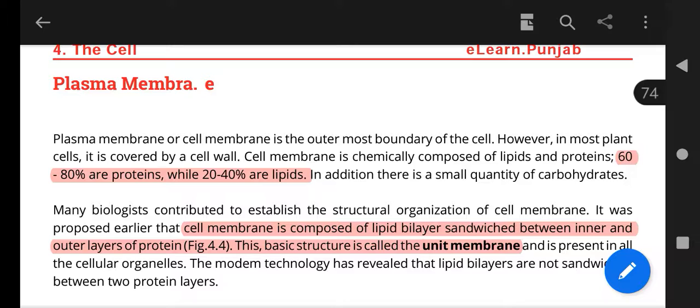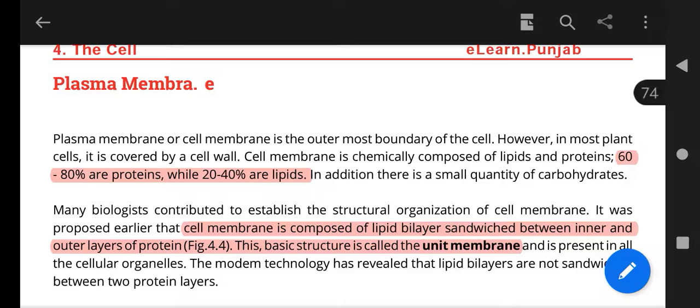Actually, there are two models about the structure of the cell membrane. The one is called the unit membrane model and the other one is the fluid mosaic model. Actually, the unit membrane model gives us the idea that the lipid bilayer is sandwiched between the inner and outer protein membrane.